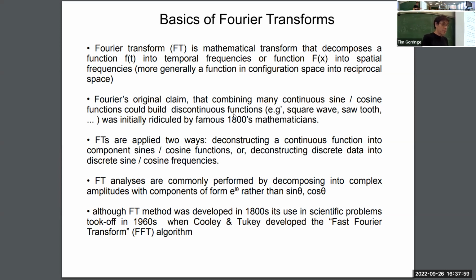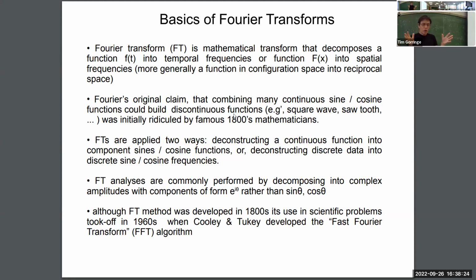Mathematicians at the time, a famous one I think is Lagrange, another one is Euler, kind of ridiculed this idea that you could do this. But now, of course, it's established that you can represent a discontinuous function with this sum of many sine waves and cosine waves.